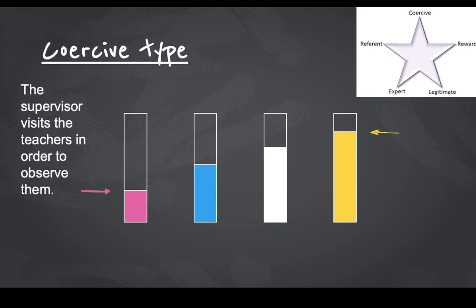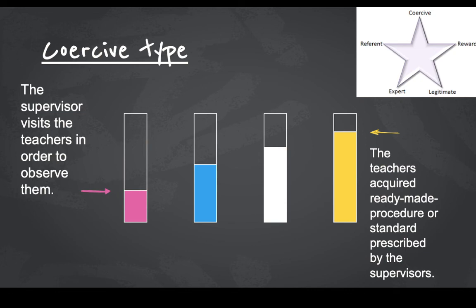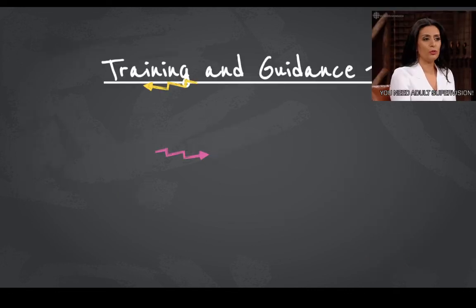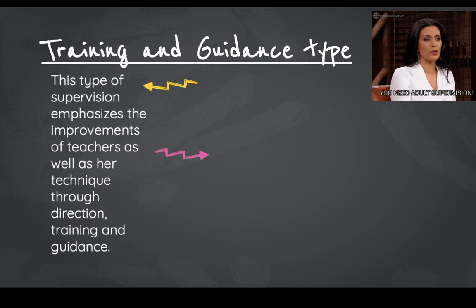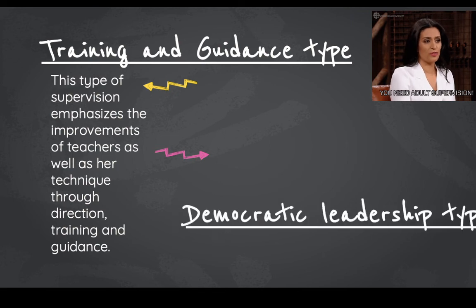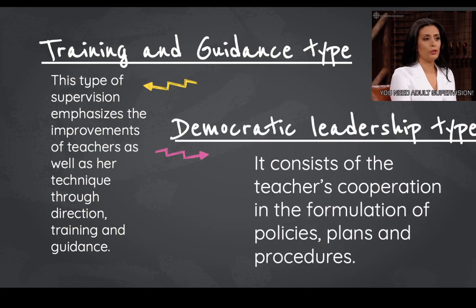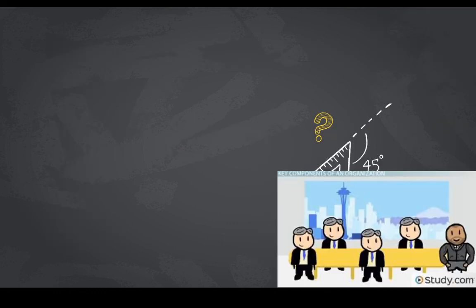This is where the supervisor visits the teachers in order to observe them. The training and guidance type emphasizes the improvement of teachers as well as the technique that is being improved through direction and guidance. Democratic leadership type consists of teachers' cooperation in the formulation of policies, plans, and procedures.